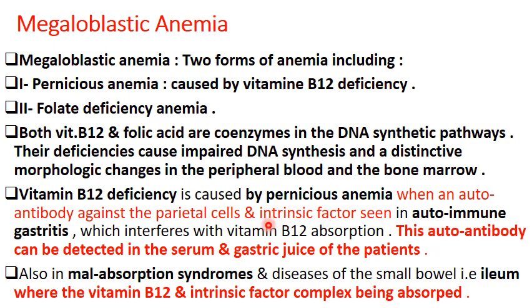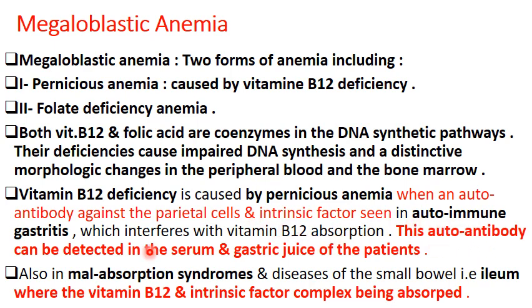The intrinsic factor is produced by the parietal cell. When there is autoantibody, that means the body secretes antibody against its own parietal cell. So this will lead to malabsorption of vitamin B12.